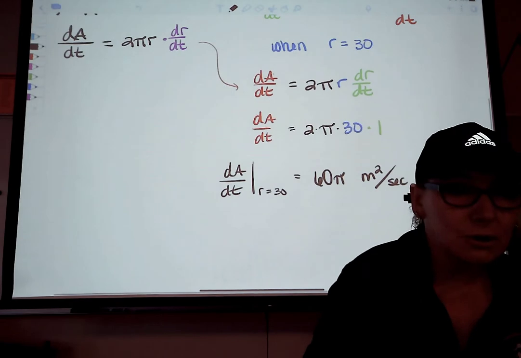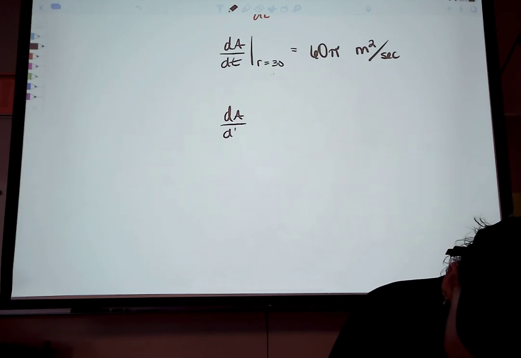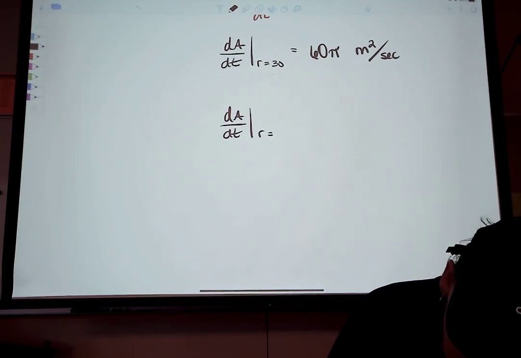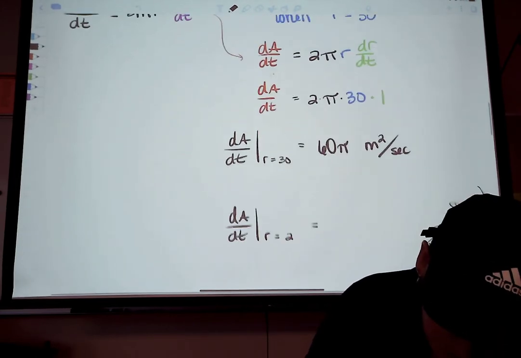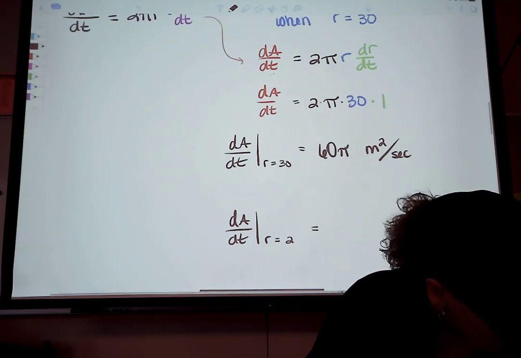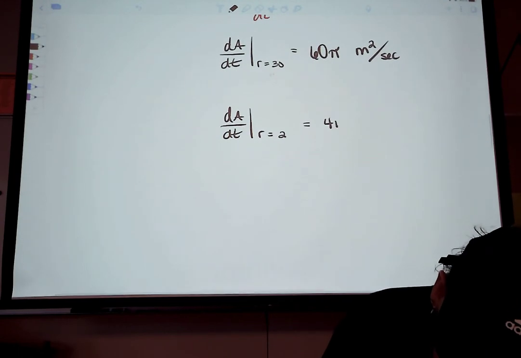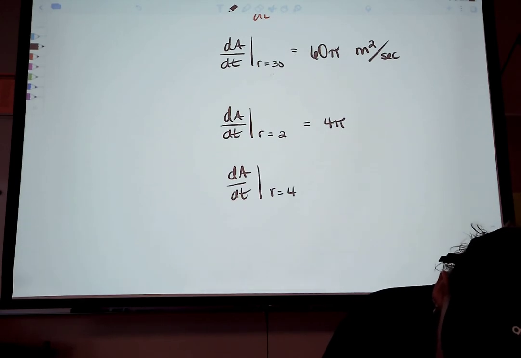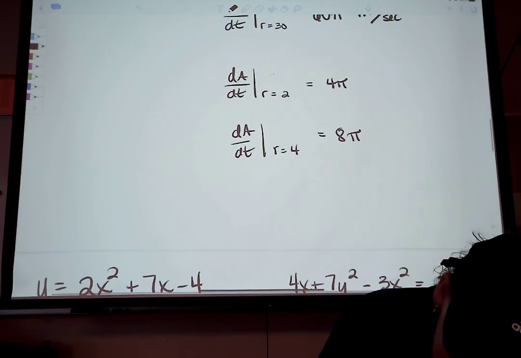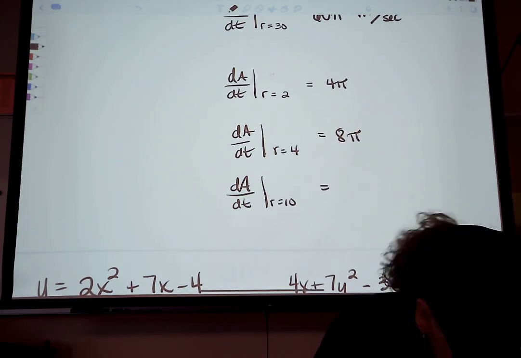Now, to help you understand that just a little bit, I can show you dA/dt when r is 2. I just plug 2 in and I get 4 pi. Plug 4 in, I get 8 pi. Plug 10 in, I get 20 pi.